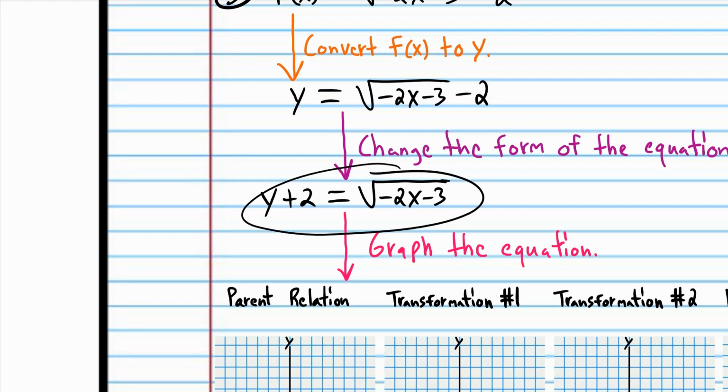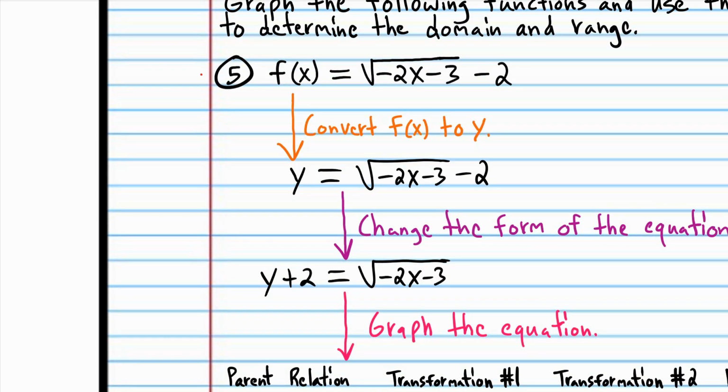Now we can graph that relation, and it's very important to understand that the graph of this relation will be the exact same graph of this function up here, because all we did was change the form of the equation.